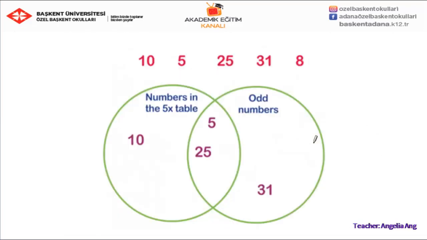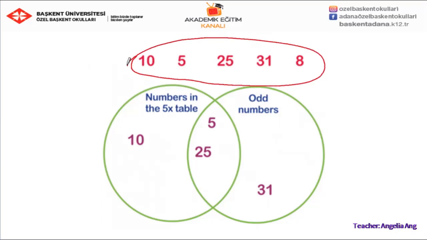Here is another example. Look at these numbers. Diagram A contains numbers that are the multiples of 5. 10, 5, and 25 are the multiples of 5.